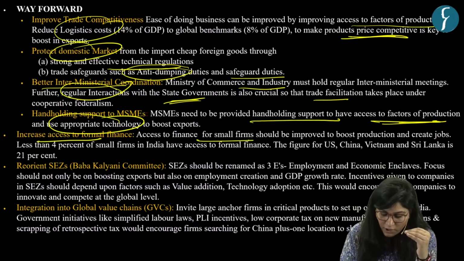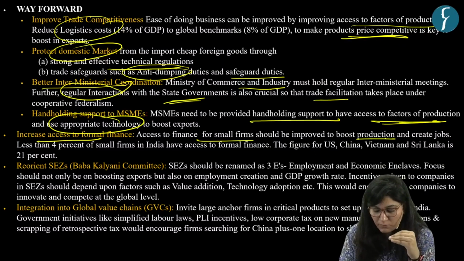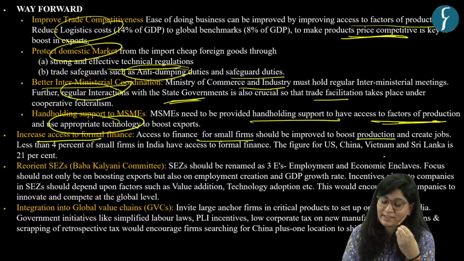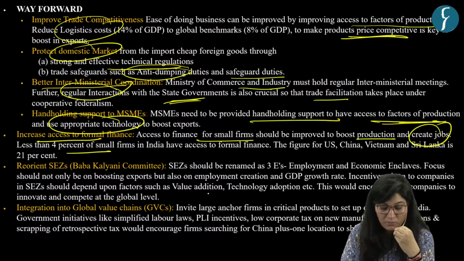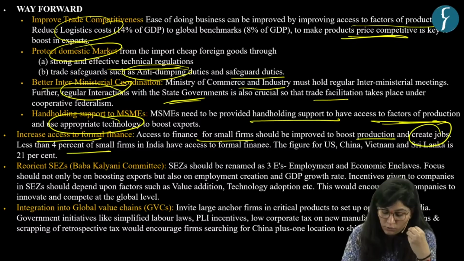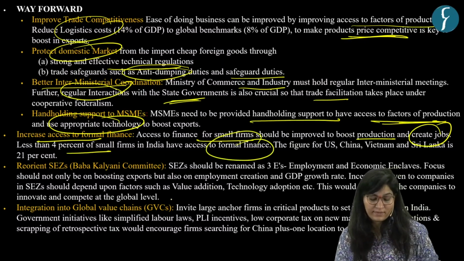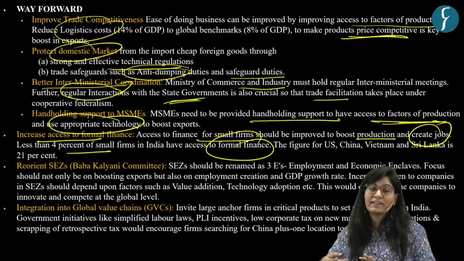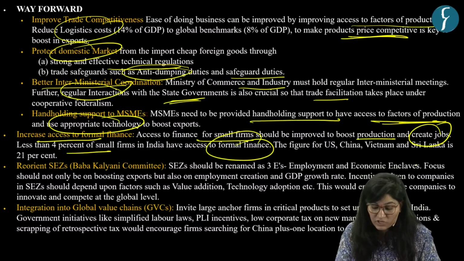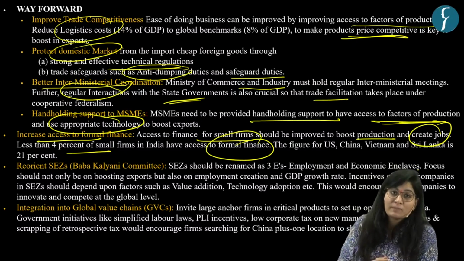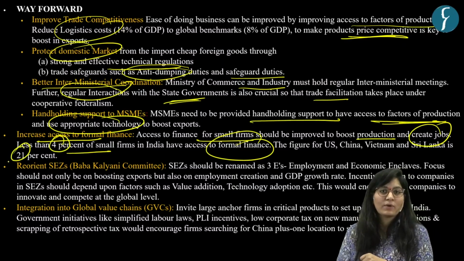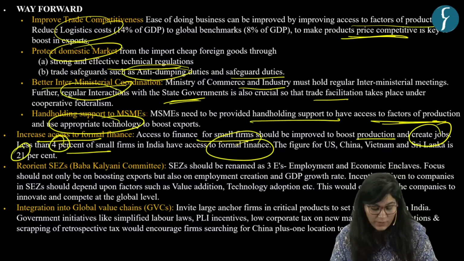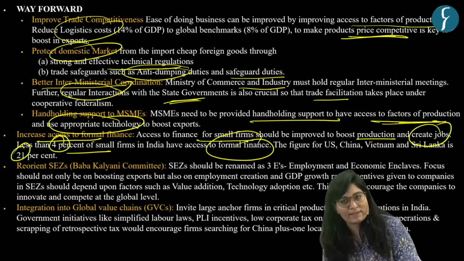The access to formal finance should be improved to boost production, and it will definitely create jobs, because less than 4% of small firms in India have access to formal finance. If you compare with nations like US, Vietnam, China, they have 21% and we have 4%. Okay. So there is a need to increase access to formal finance.